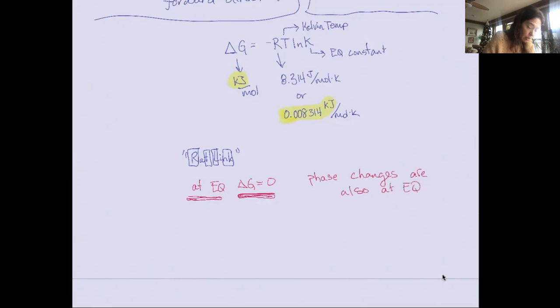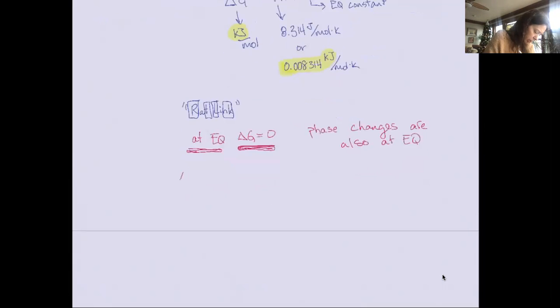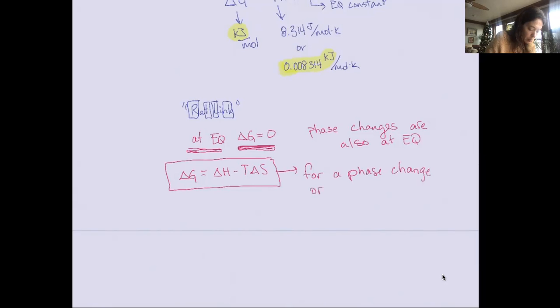Therefore, when we do delta G equals delta H minus T delta S for a phase change process, or system at equilibrium, we can set this equal to 0 because we are at equilibrium.